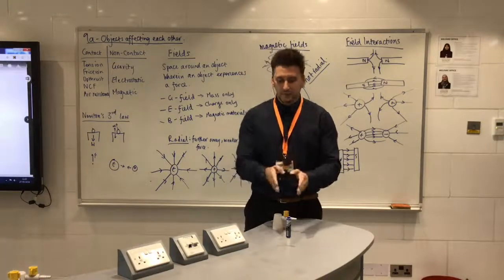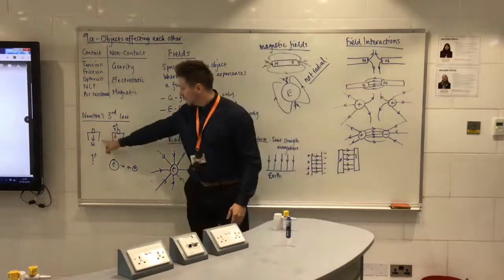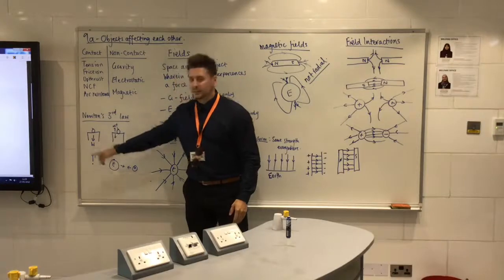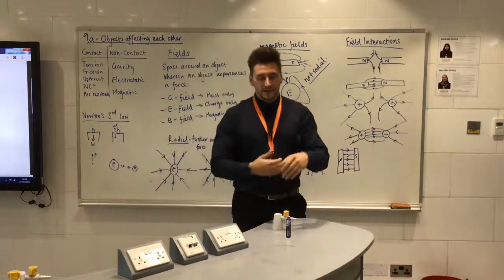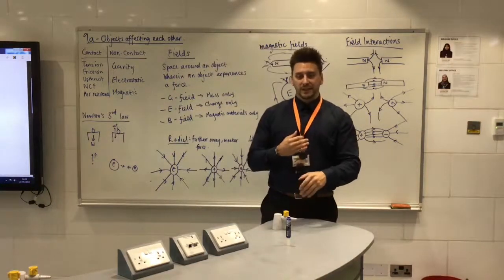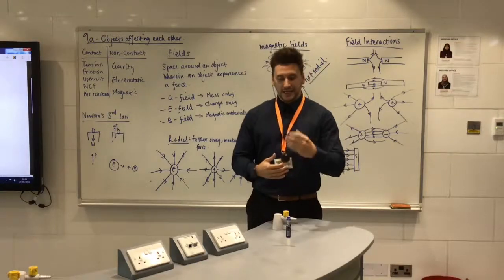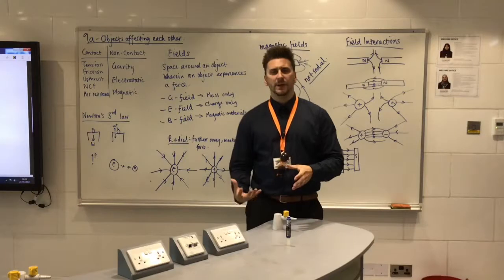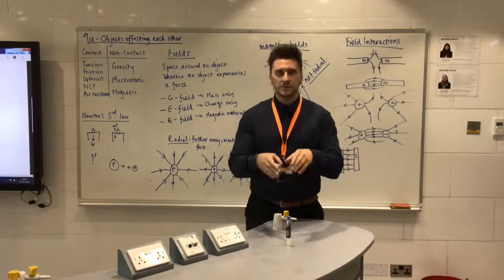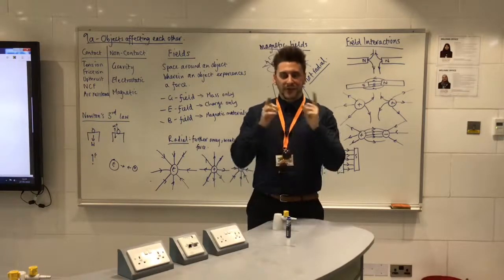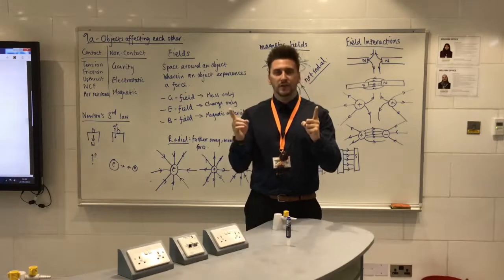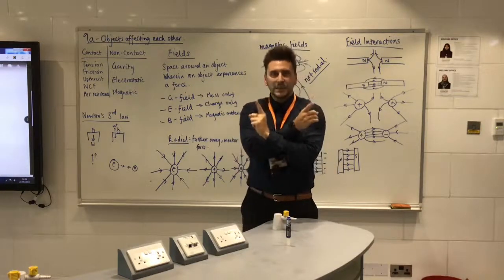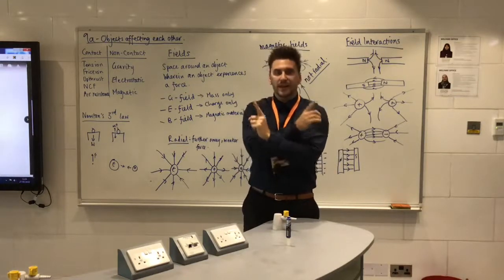So the weight of the object, as you can see in this diagram with the apple, the weight of the object is down. If that's your action, then the reaction has to be between the same two objects. If the weight of the object is being provided by the Earth, that means the Earth is pulling the pen. If that's the two objects involved, the pen and the Earth, then the reaction force has to be between the same two, pen and Earth.